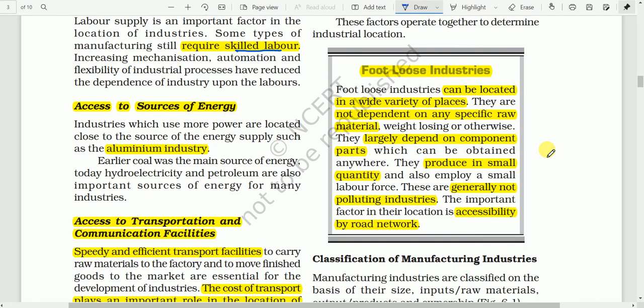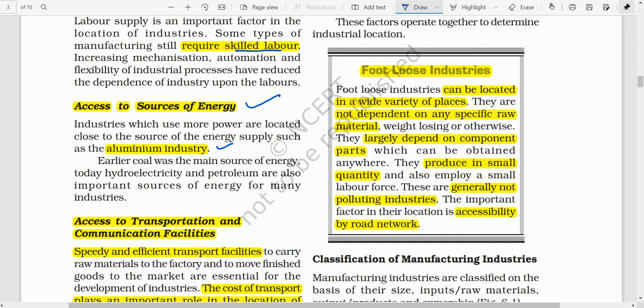And next we have access to sources of energy. Industries which use more power are located close to the source of energy supply, such as the aluminum industry. Aluminum industries use a huge quantum of electrical energy.